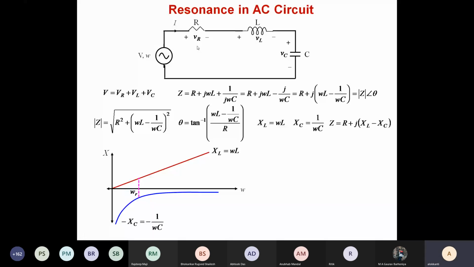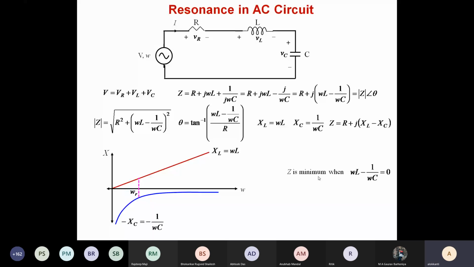Okay, so you can find out at what omega r this happens. Z is minimum. You see the magnitude of Z: if omega L and 1 by omega C cancel, this part is gone. Z is minimum when omega L minus 1 by omega C is equal to 0. So the reactive part is 0 at the resonant frequency, and that is the point where the value of Z is minimum, and it is only due to the resistance.